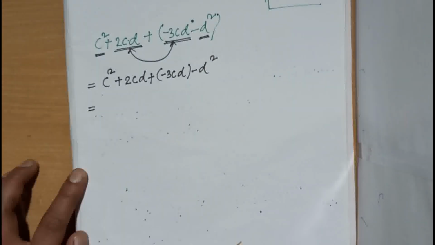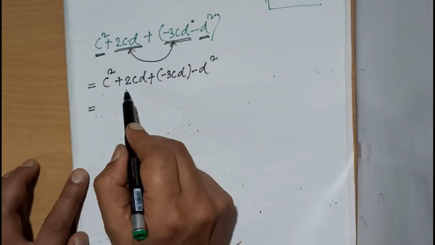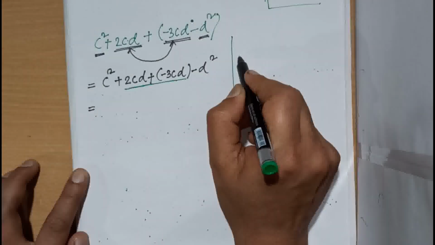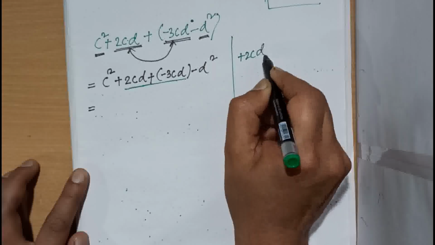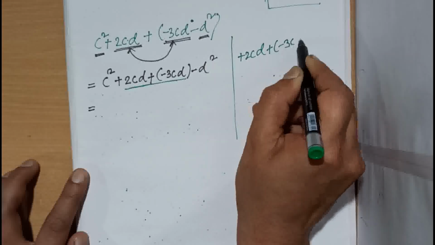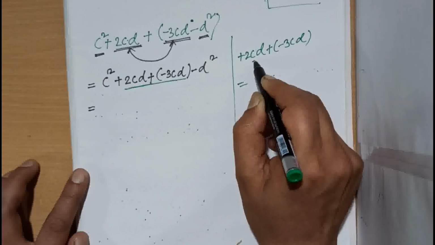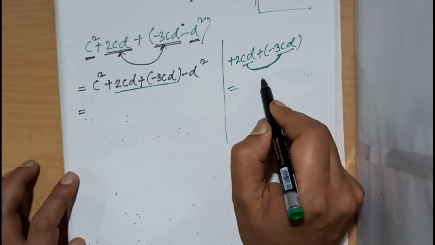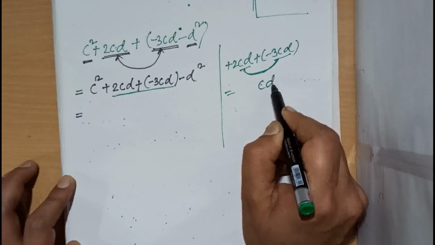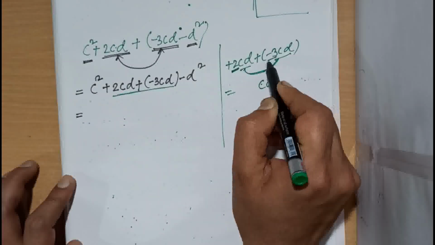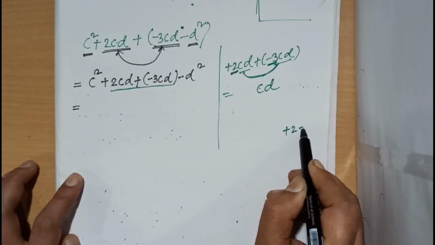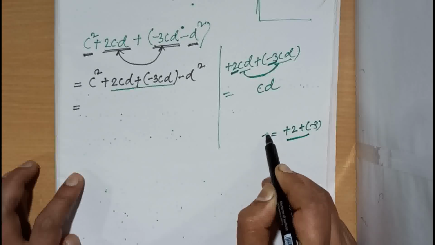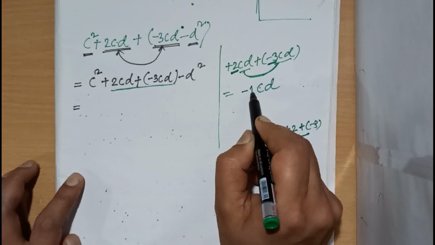Now as you know, these are two like terms, so we can add them. It is like this, we can add them, this 2cd plus minus 3cd. That means the cd they are same, little coefficient, so these two are like terms. It means the answer will be cd. After that, now 2 and minus 3, that is plus 2 and plus minus 3, this will give you minus 1, so my answer will be minus 1.